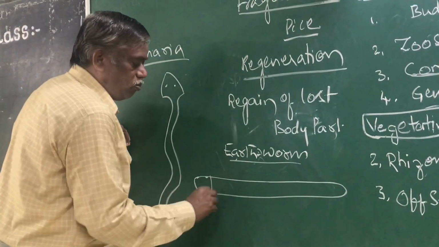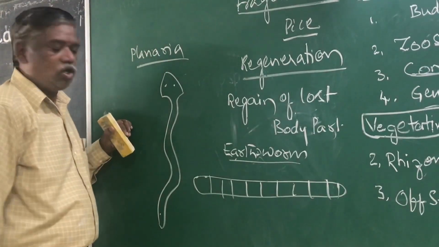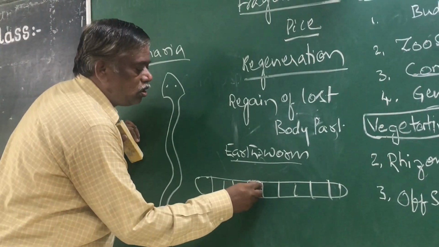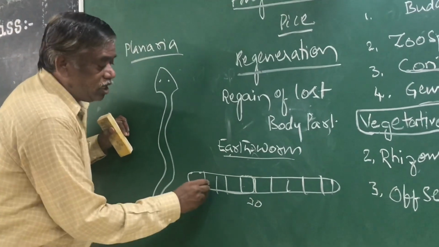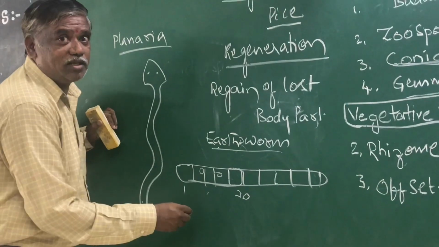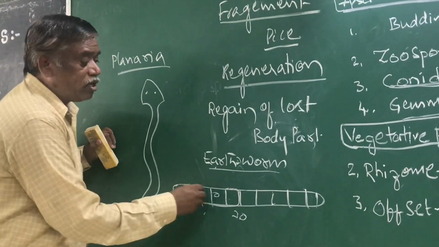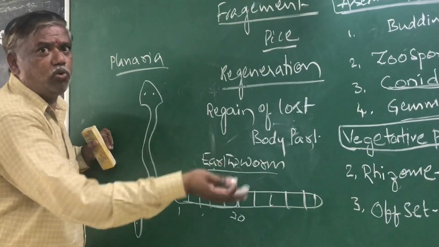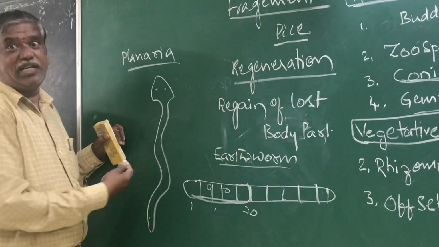Now, it is the body segmentation. Suppose there are 30 segments, 1 to 30, which contain the reproductive organs. Earthworm is bisexual, hence it contains both male and female reproductive systems. These are restricted to the first 30 segments.